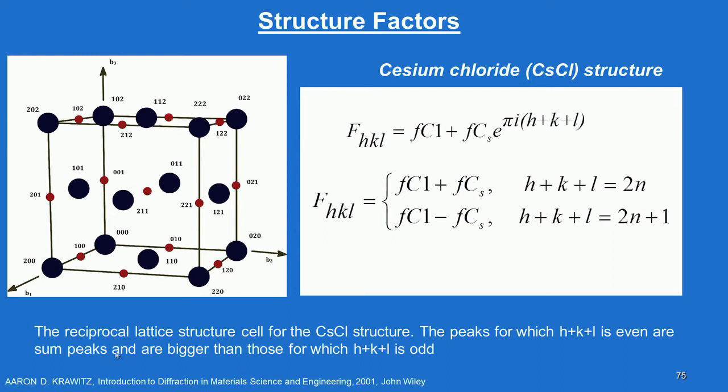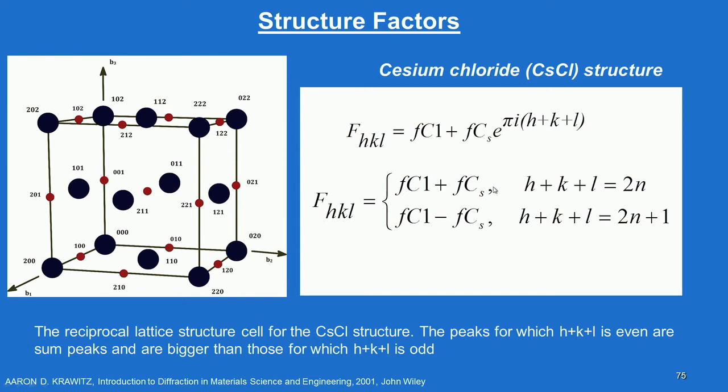It is not a sum peak, it is called a difference peak here, and this is again a reciprocal lattice cell, and you will be able to appreciate this when you look at the electron diffraction pattern much more clearly. You will see this kind of actual practical evidence for the difference in the intensities, and this structure factor calculation nicely shows that the difference in the intensity is because of factors like this.